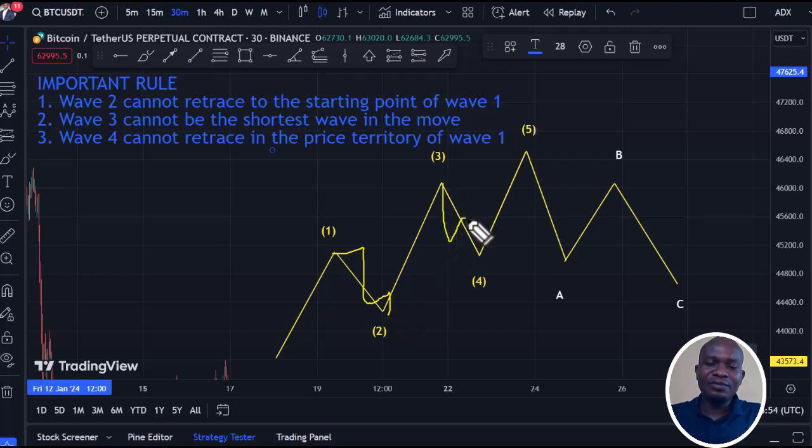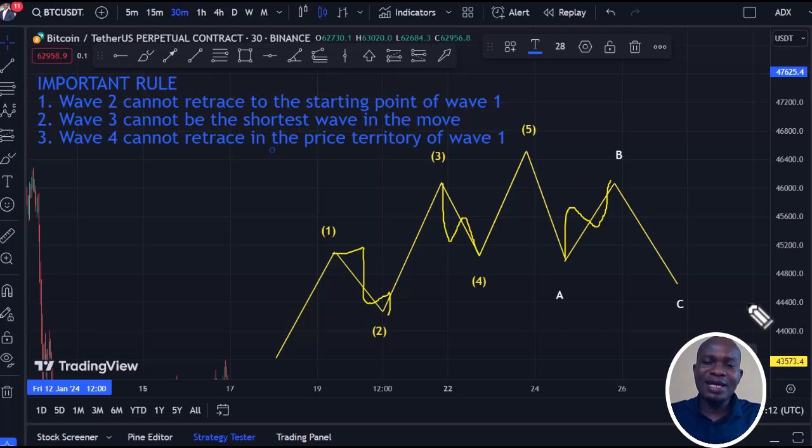A 3-wave move. As the market makes an impulse, it makes another impulse. We have what? A 3-wave move here and stuff like that. Okay, so these are the corrective structures. And for us to build a strategy around this, there are patterns Elliott has identified.